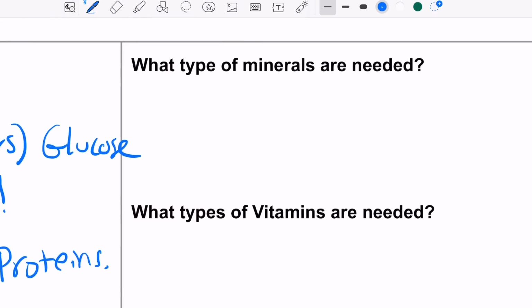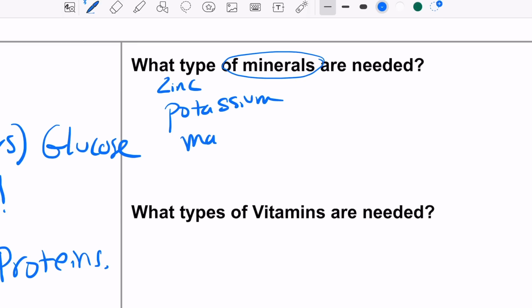Next question. We need minerals. We need minerals like zinc, potassium, magnesium, salts. What type of vitamins do we need?